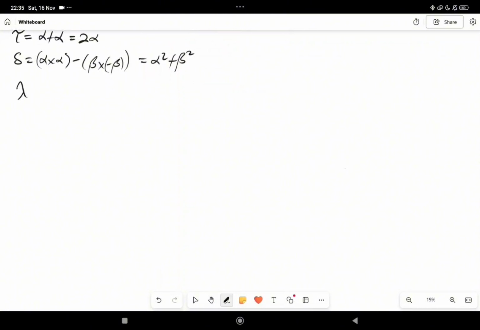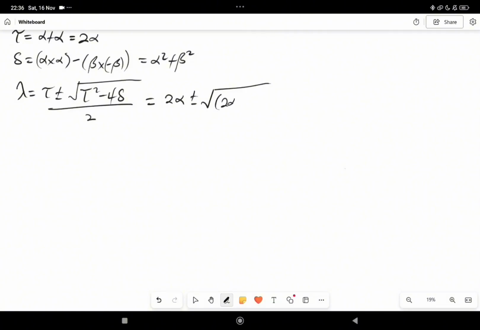Furthermore, to find our eigenvalues, we use this expression. Substituting our value for tau and delta, we have 2 alpha plus or minus the square root of 2 alpha all squared minus 4 times the value of delta. So we have alpha squared plus beta squared all divided by 2.